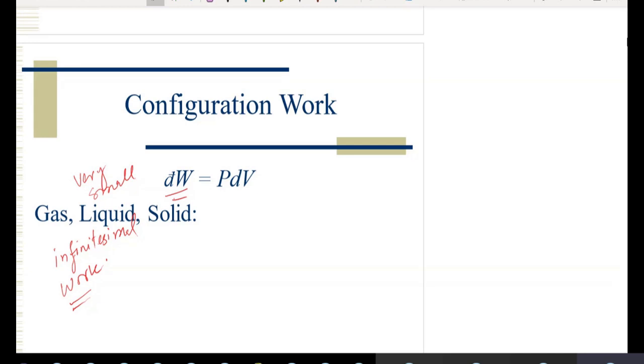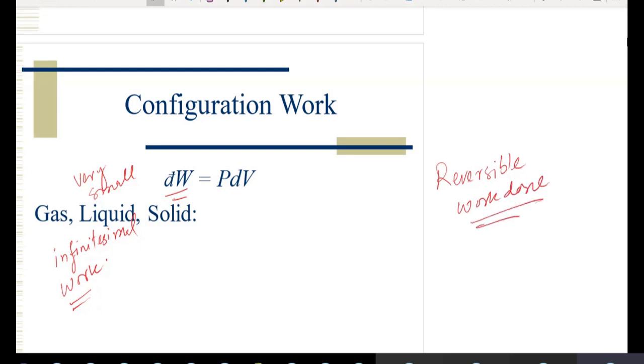And we are going to discuss later that this work can be reversible and irreversible, and in thermodynamics we are mostly discussing reversible work, and reversible works are actually ideal cases of work done.